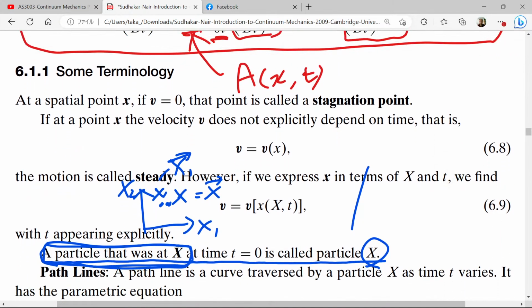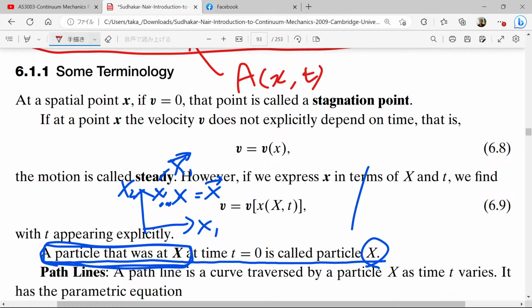Then we have some terminology. At a spatial point small x, if v equals 0, that point is called a stagnation point. See, this is interesting. V equals 0. At that point, this is like a velocity of a particle.